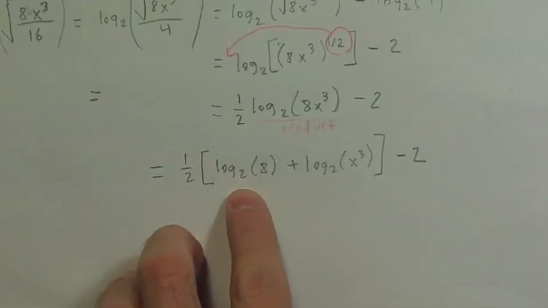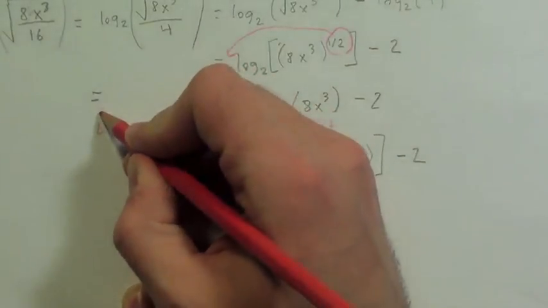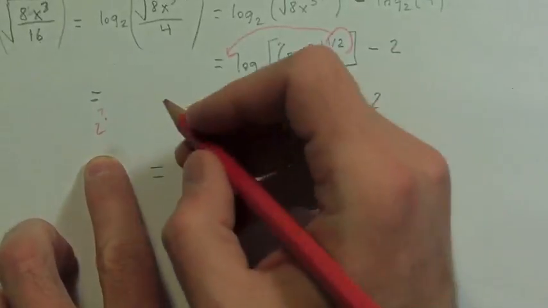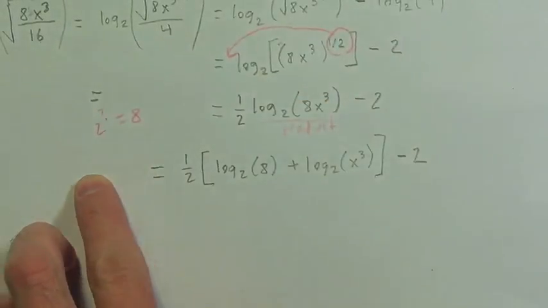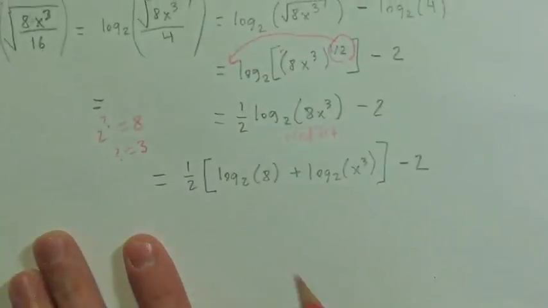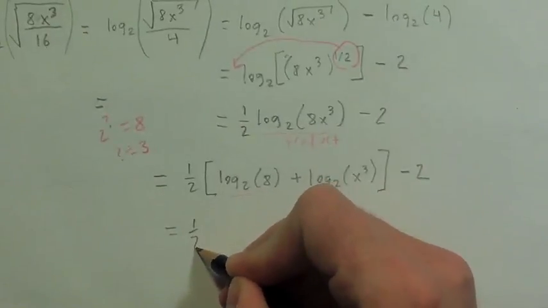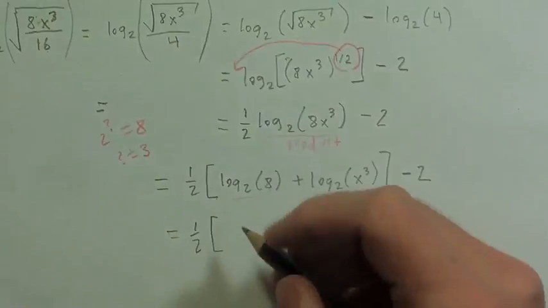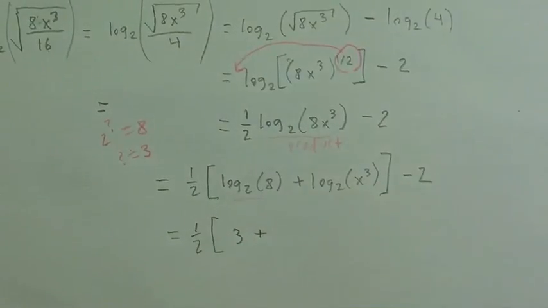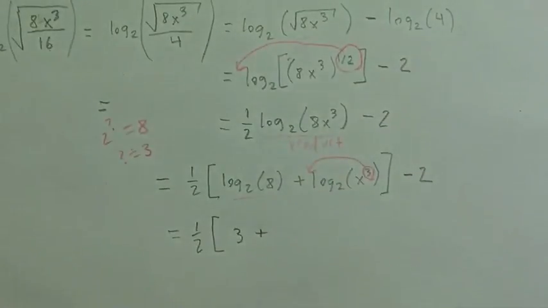Now here, log base 2 of 8, I'm basically asking 2 to what power is 8? And of course that would be 3. So this thing comes out to be 3. Alright, so we get still 1/2 on the outside, and I get 3 plus, now I have this x cubed, so I can take that 3 out and make it multiplication.